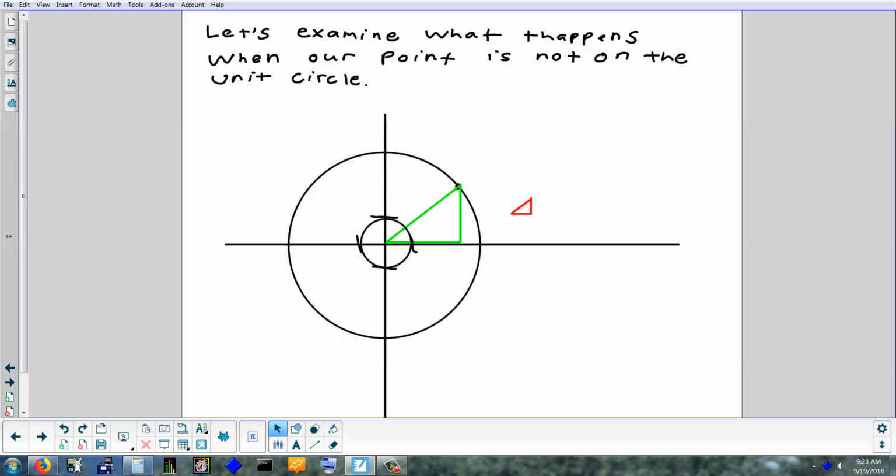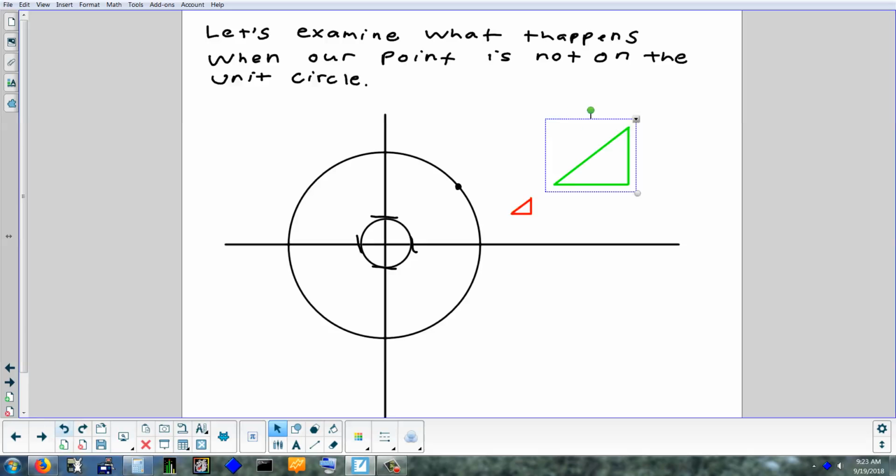Maybe that's a circle of radius 5 or 6, 7. It's bigger than 1. But if we can somehow shrink the green triangle down enough so that it becomes the red triangle, then we can do the problem like we used to. So we got to think about kind of shrinking that green triangle down. That's kind of the idea.